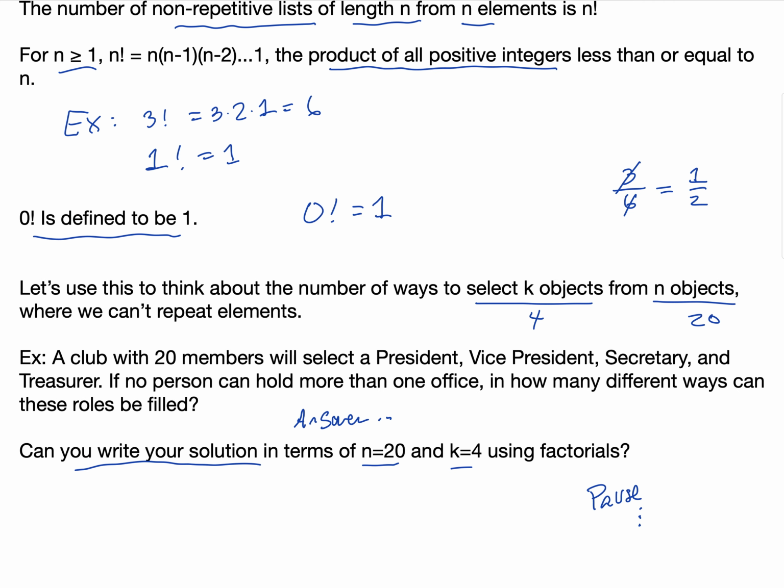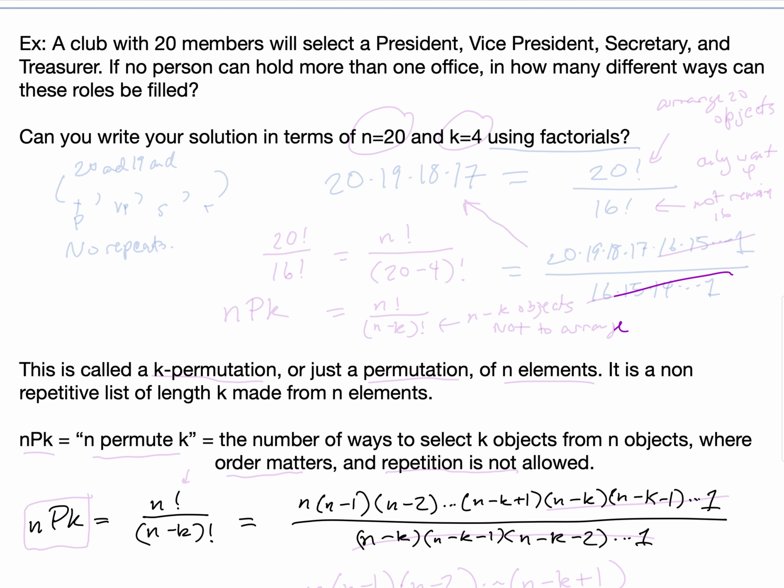Okay, so one way that we could answer this question, as we did before, would be to say, okay, this is a list of length 4 with no repeats, because nobody can hold more than one position.